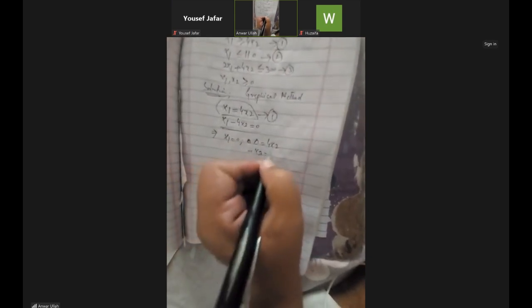Now, putting x1 is equal to 0, we see that 0 is equal to 4x2. It means that x2 is also equal to 0. So the first point we get is 0, 0.